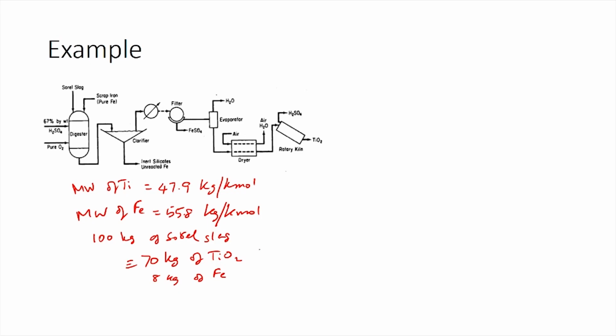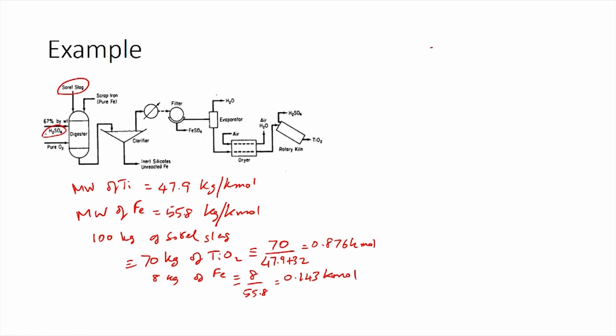So, this 70 kilograms of TiO2 would be 70 divided by 47.9 plus 32, giving you a value of 0.876 kilomoles. The number of moles of 8 kilograms of iron would be 8 divided by 55.8, giving you a value of 0.143 kilomoles of iron.